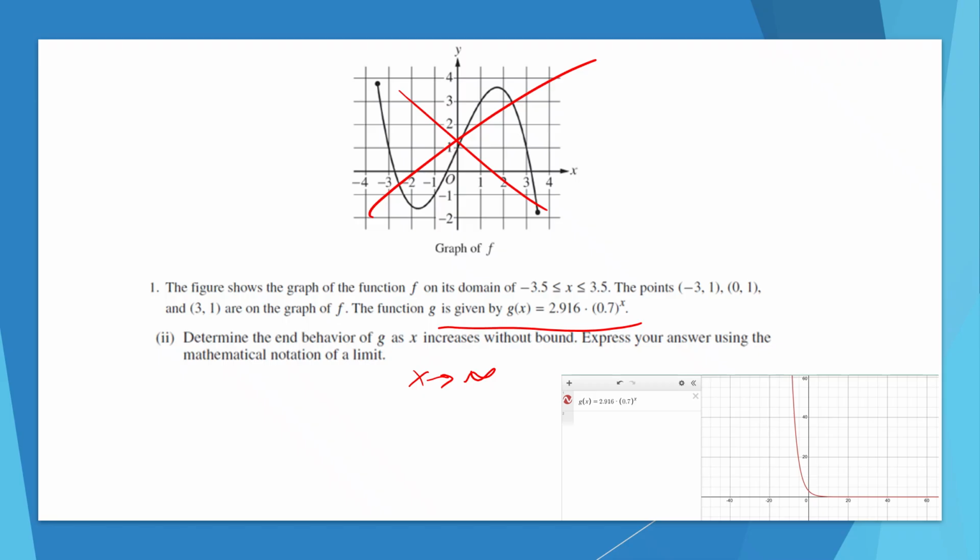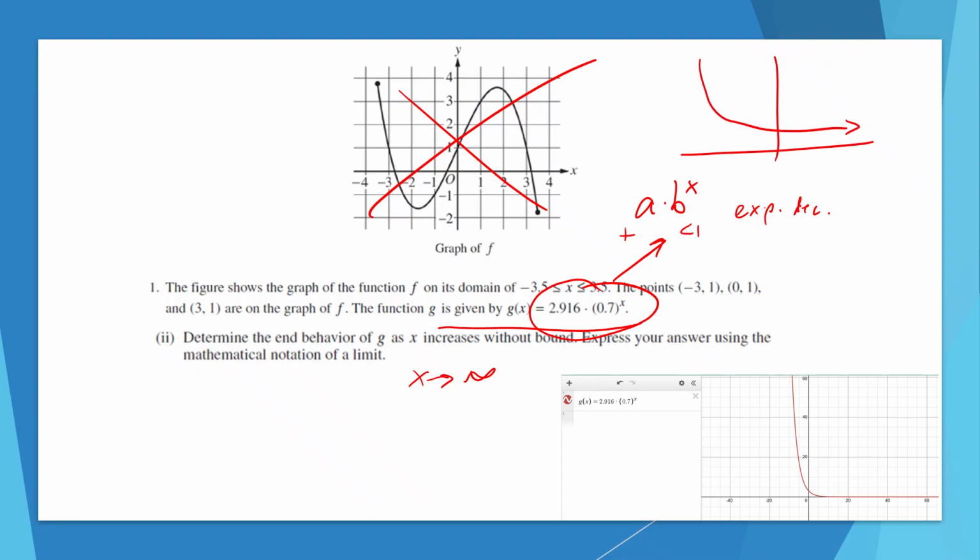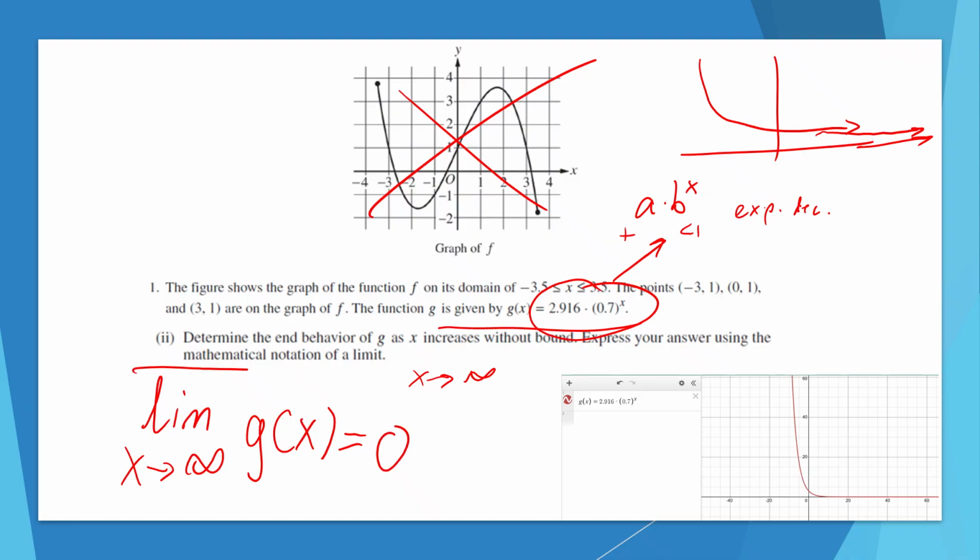So taking a look at this graph, if you know the exponential rules, we know in the form a times b to the power of x, as long as a is positive, and b is less than 1, this is going to be exponential decay, which should look like this, with this side approaching 0 as you go to the right forever. So how would we write this end behavior? We would write the limit as x approaches positive infinity of g of x, and this will approach the value of 0. So that should be our answer there.